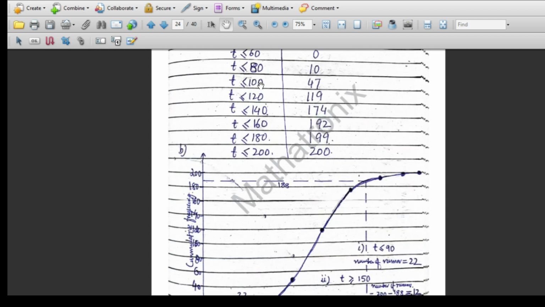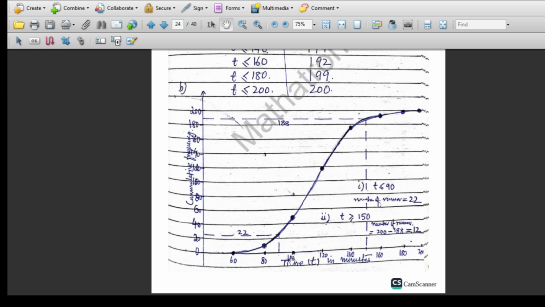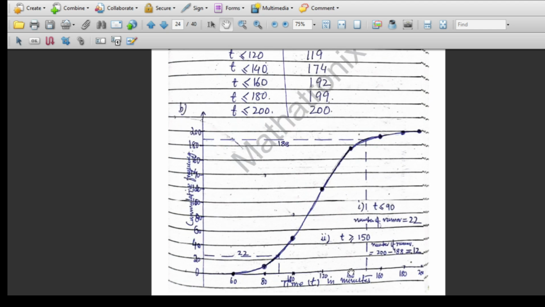At 100 we have 47, at 120 we have 119, at 140 this is 174, at 160 it is 192, at 180 it is 199, and at 200 we have 200. So we will plot this like this.